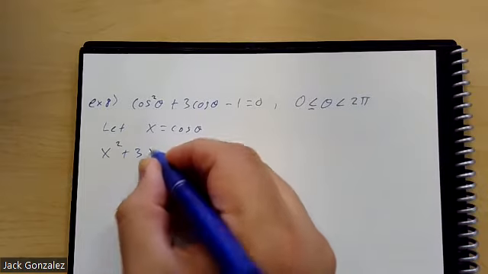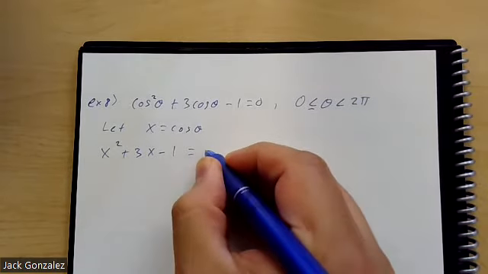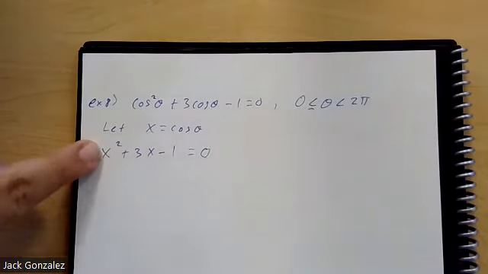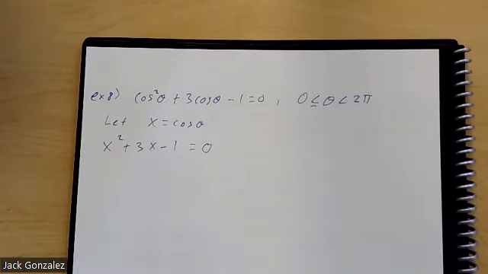This is just x squared plus 3x minus 1 equal to 0. So just solve this and change it back to cosine later. If that makes more sense in your head, you can. If you want to go straight up, you can, I guess.